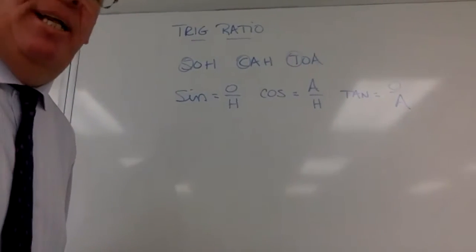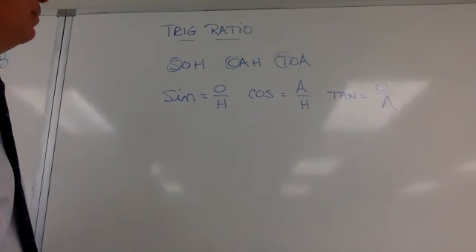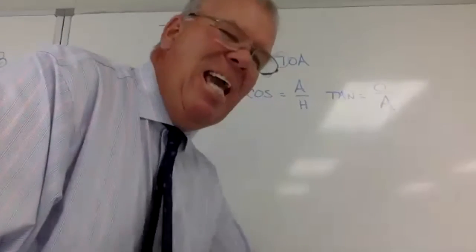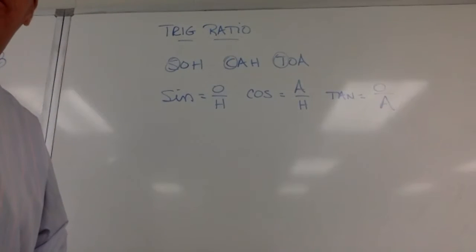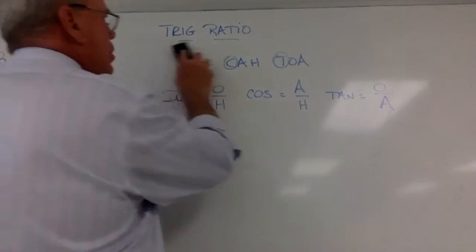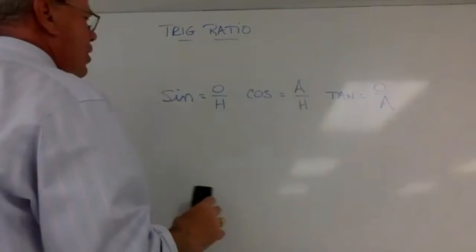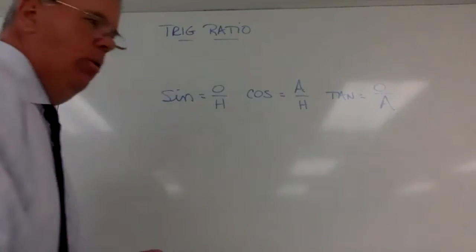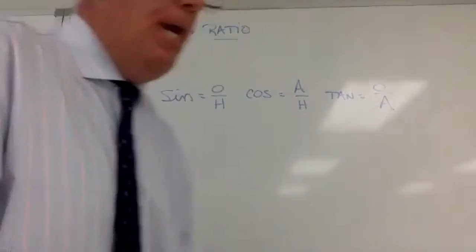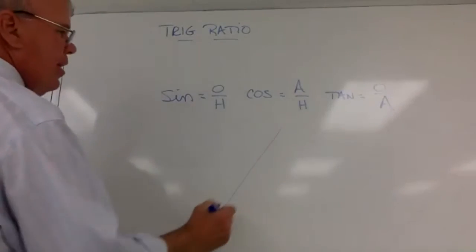So I learned that in like 1977, 76, right? So what that means is angles have sines, cosines, and tangents, not sides, angles. So when I have a right triangle, let's say I draw you a triangle that looks like this.